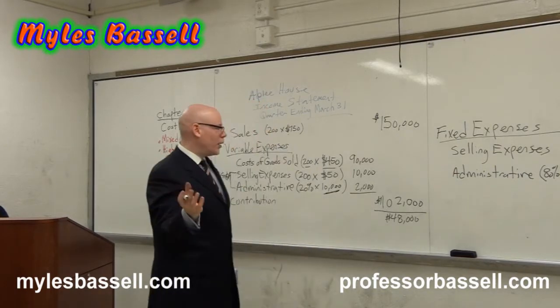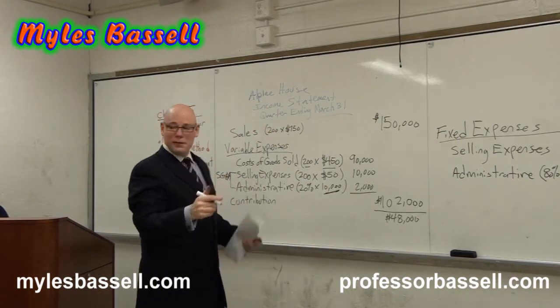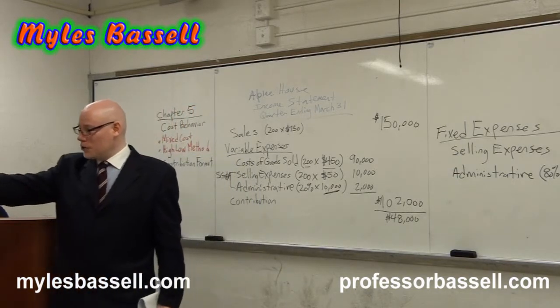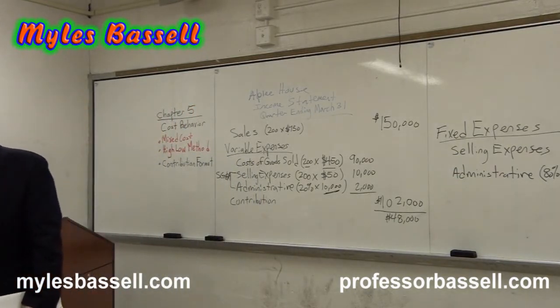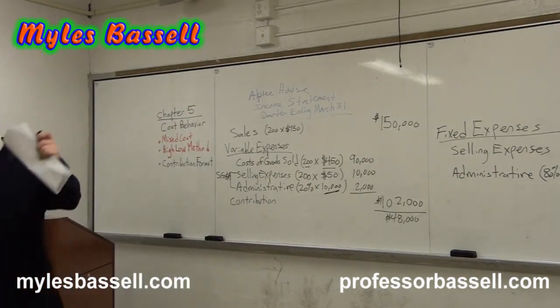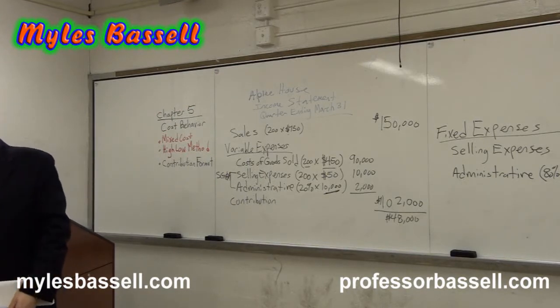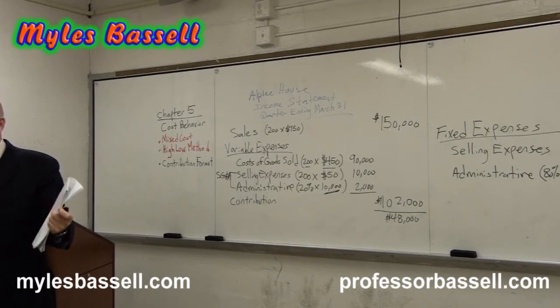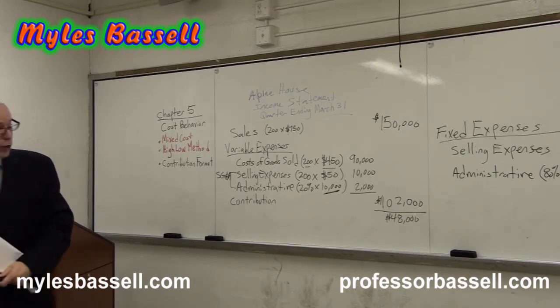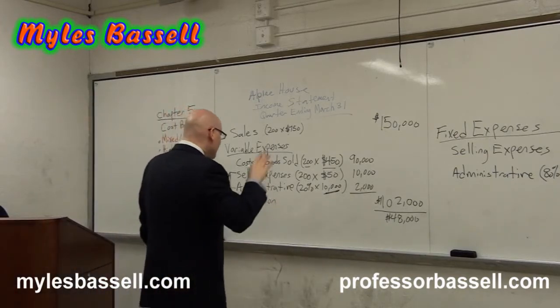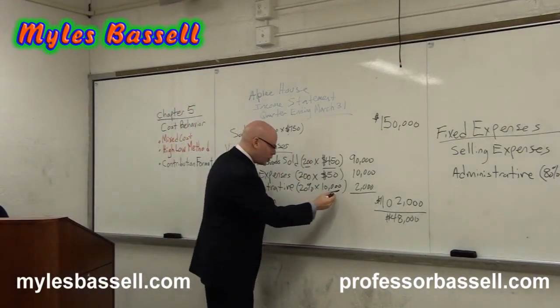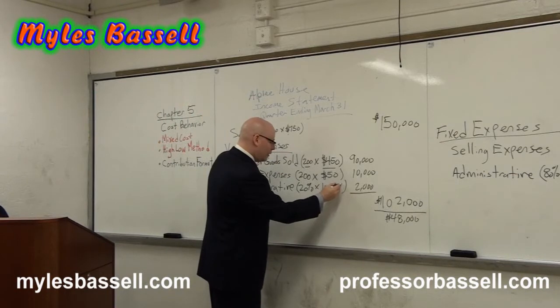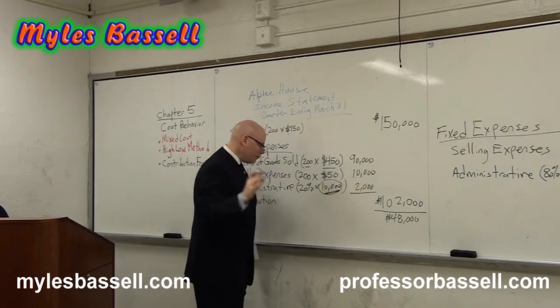But we want to know, isn't this your question, Irina? Not to be confused with Tatiana. You asked, how do you know what part is fixed and what part is variable? So now we're looking at another example that addresses your question. They tell us the administrative expenses are $10,000.